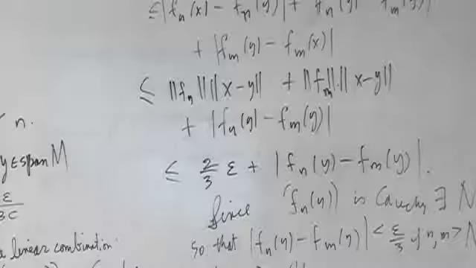So now what he's going to do is define f of x equals the limit of Fn of x as n goes to infinity.